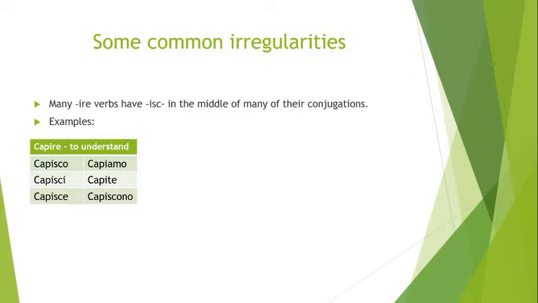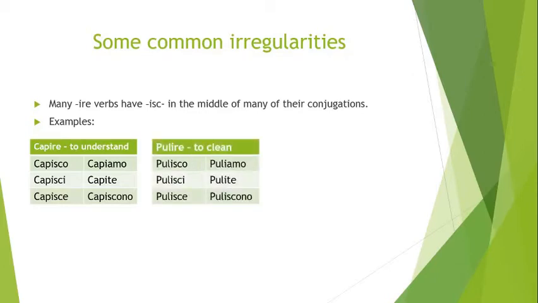Capisco, capisci. Remember, because SCI is sh, right? So capisco, capisci, capisce, and then capiamo, capite, capiscono. So that isc thing, it happens quite often with IRE verbs. There are many of them that have that. Let's look at a few more.